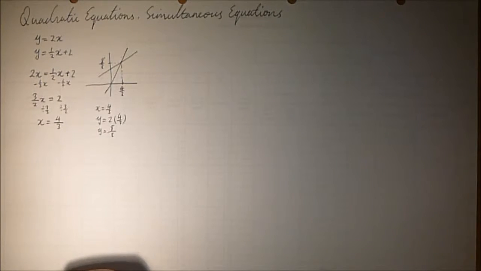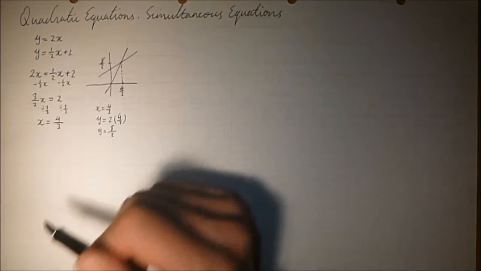Now, the similar process can also be applied to quadratic equations. Of course, in this case, we'll only look at quadratic equations and straight lines. But the process really works for many other kinds of curves too.